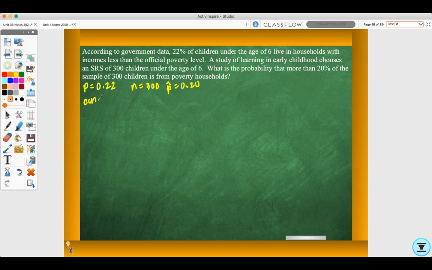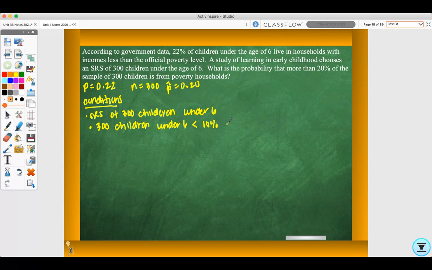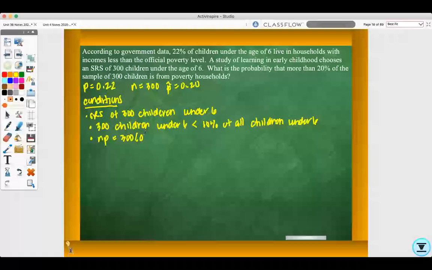Check our conditions. A simple random sample of 300 children under 6. 300 children under 6 is less than 10% of all children under 6. np equals 300 times 0.22, which equals 66, which is greater than 10.